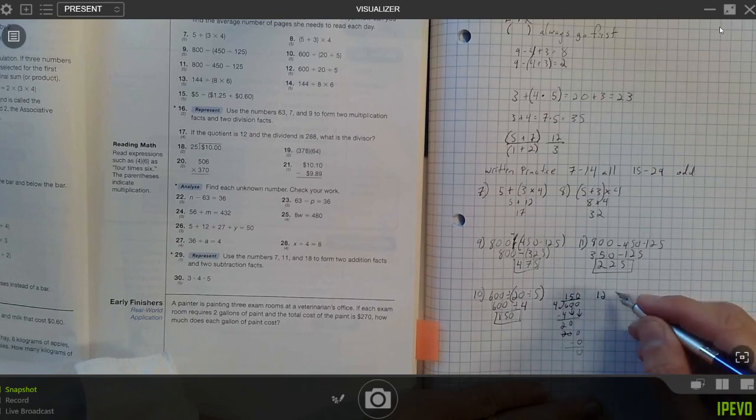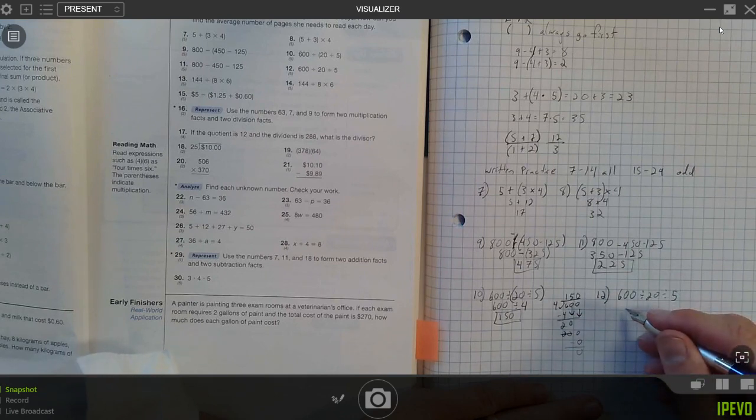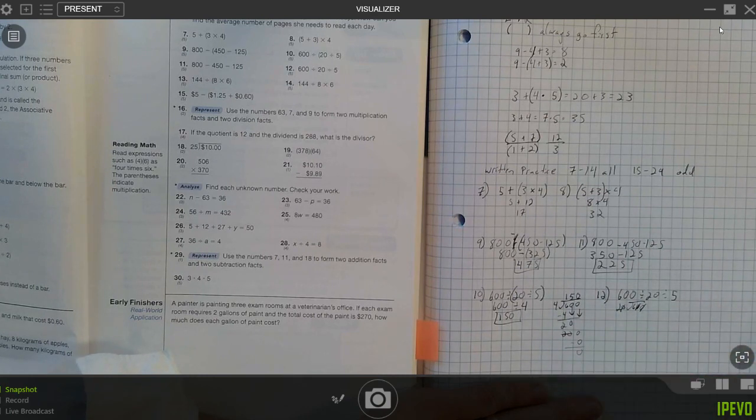For 12, we have 600 divided by 20 divided by 5. Well, starting off, I know that we can get rid of these zeros for a second. If I'm doing 600 divided by 20, I can get rid of zeros and just do 6 divided by 2 is 3. And then I can add those zeros back. Nope, that doesn't work. It's definitely not 3,000.